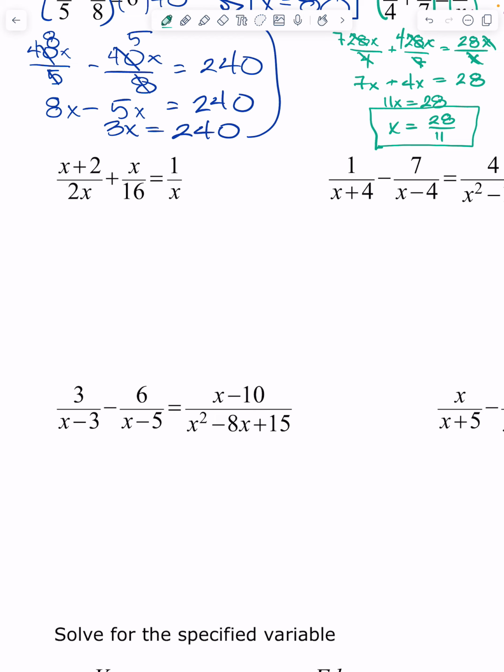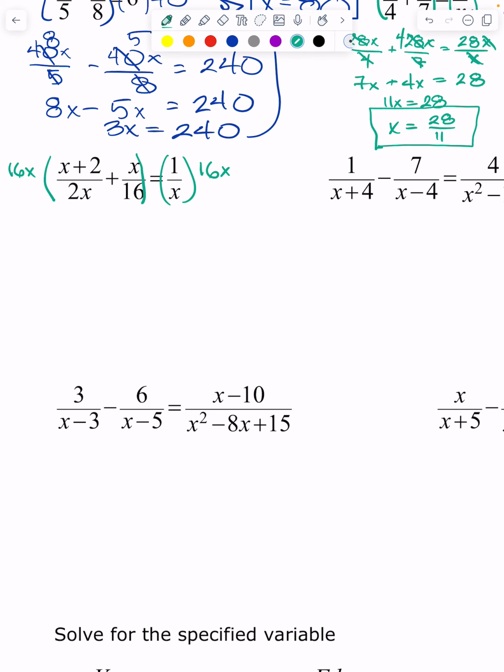Okay. Next one down, in the denominator, I got a 2x, a 16, and an x. So the 16 will take care of the 16 in the 2 part. And then we need an x to take care of that random x and the x in the 2x. Okay.